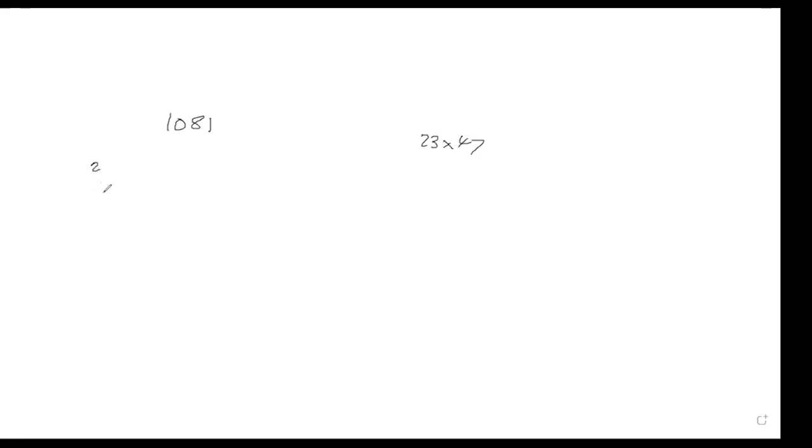You test only the primes to see whether a prime number goes into this. Take all the prime numbers, 2, 3, 5, 7, 11, 13, 17, 19, 23, and so on. And you check to see whether these numbers go exactly into this.